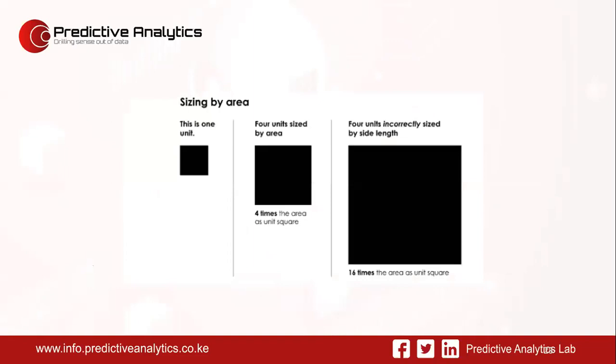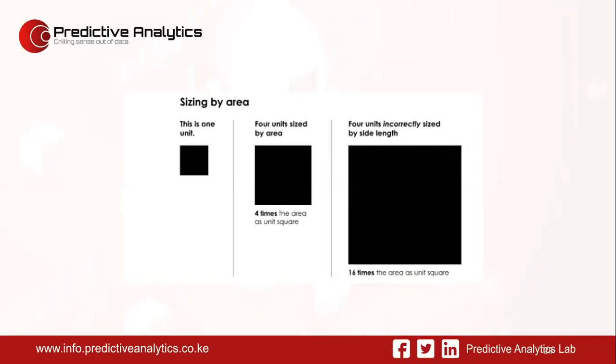So here, if you look at this example, this is 1 unit. So here, 4 units sized by area. This is 4 times the area of the unit square. So you can say the first one is 1, the second is 4, and then here 4 units incorrectly sized by side length.